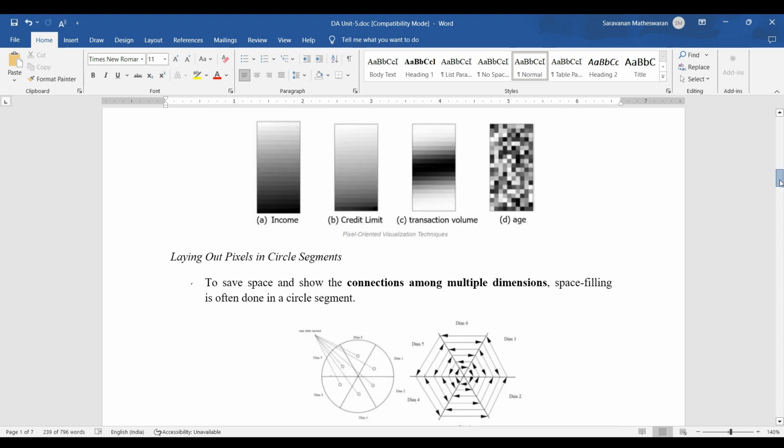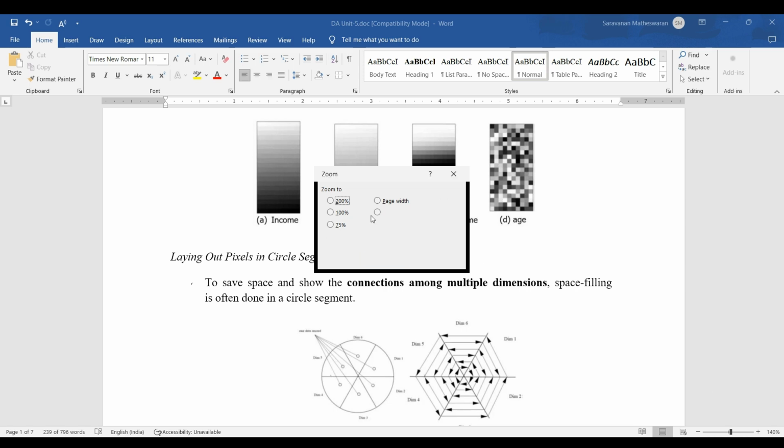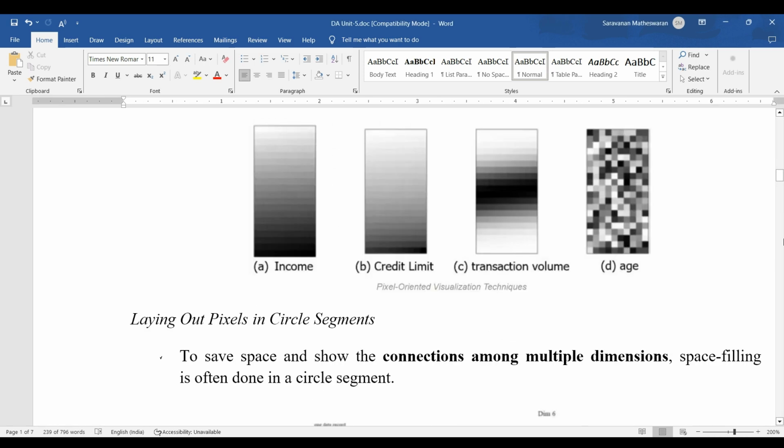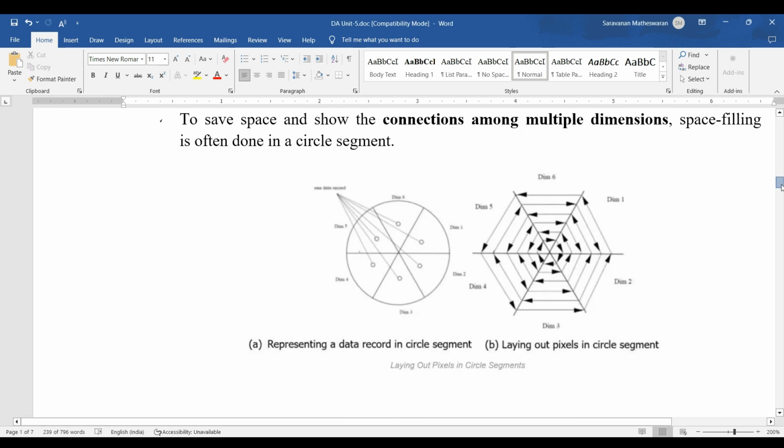The layout of the pixels in circle segments is to save space and to show the connection among the multiple dimensions. The space filling is often done by circle segments. Circle segment means, suppose we have five dimensions in total, representing the data records we are storing.